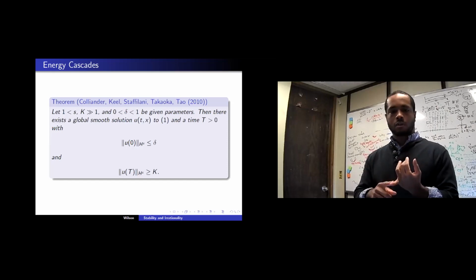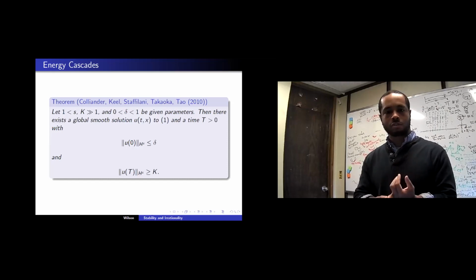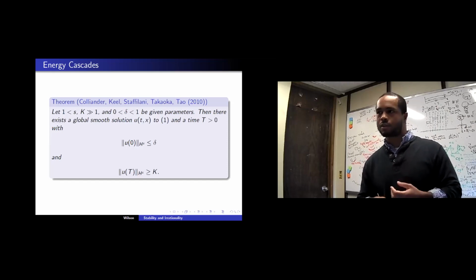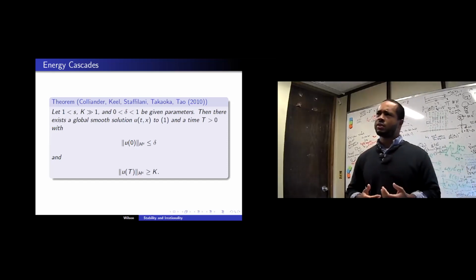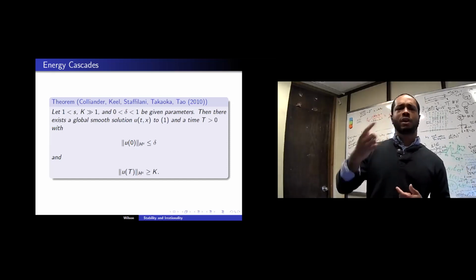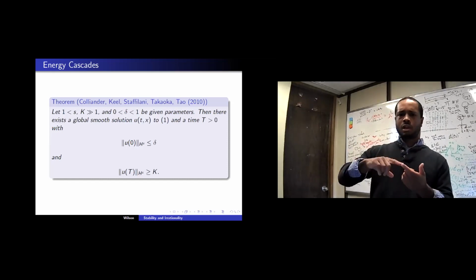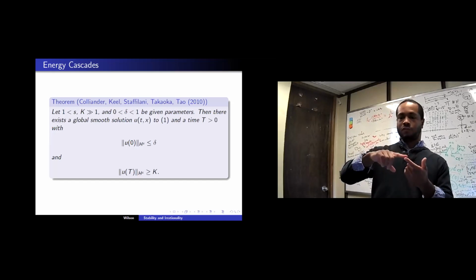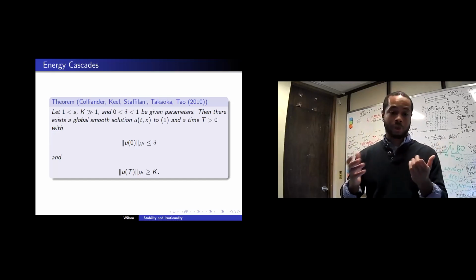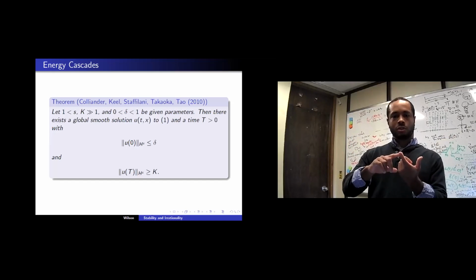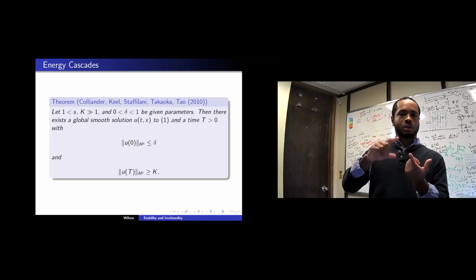You can start off with very low energy and then increase to an arbitrarily high energy. Okay, and so this is kind of antithetical to the concept of a periodic solution or a quasi-periodic solution, let's say. Right, if all solutions were periodic, you wouldn't be able to show that you could start off with an arbitrarily high norm.